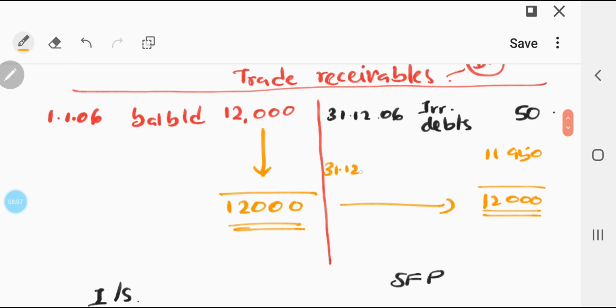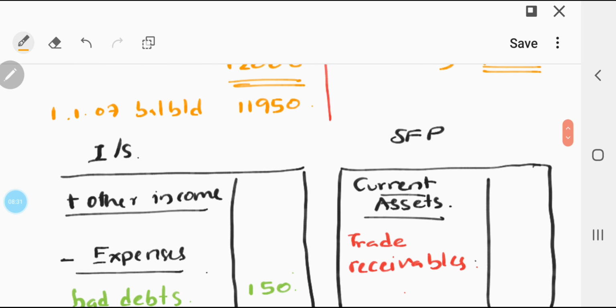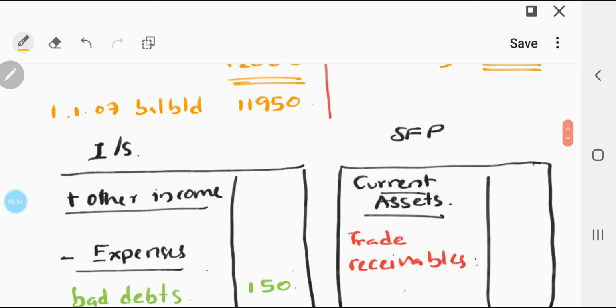Since the difference is on the credit side, you write balance carried down, bring it down to the opposite side, in 2007 as balance brought down, 11,950. Now let's show this impact in the statement of financial position. Trade receivables amount, closing balance 11,950.